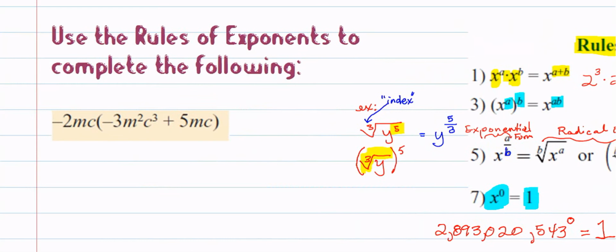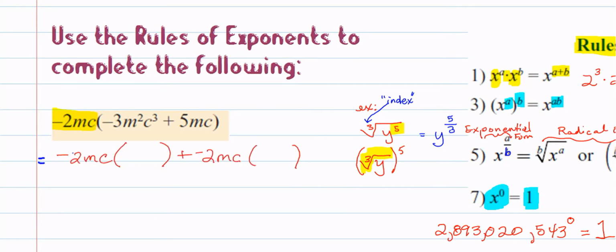Okay, almost done now. Let's just go ahead and use our exponent rules to distribute negative 2mc. Let's get this big boy done, and we're almost home free. What I'm going to do, to help you out, is write out the two multiplications that are involved in distributing this value, okay? So here we go.